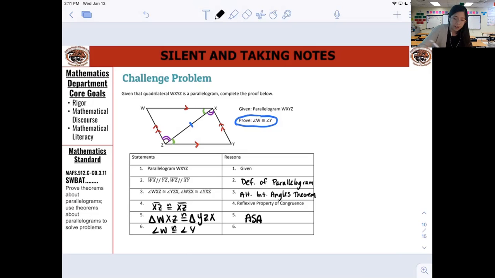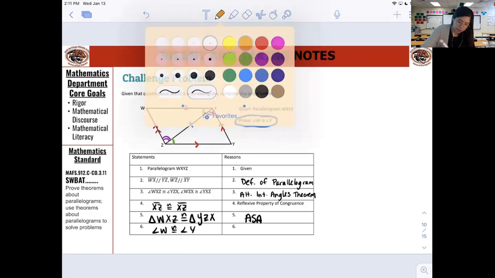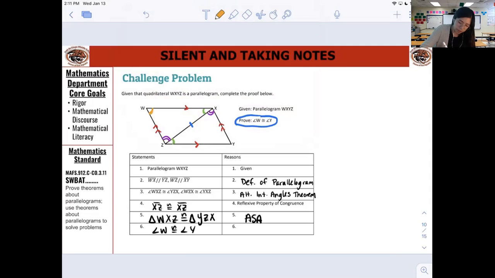And then finally, I can state that my angle W is congruent to angle Y. What's that final reason going to be? What is it 90% of the time? CPCTC. Good.